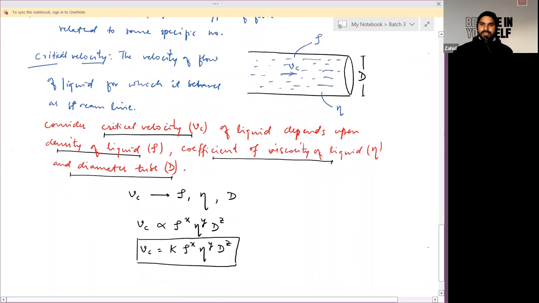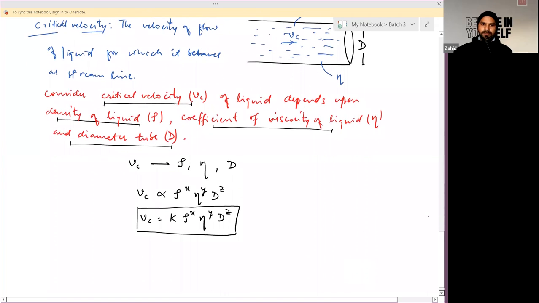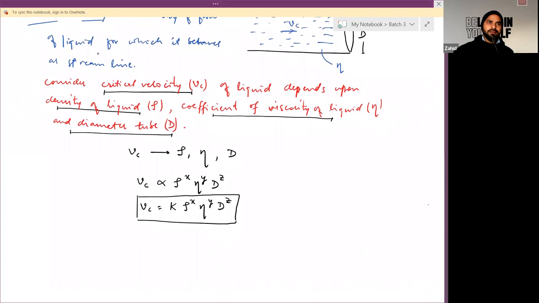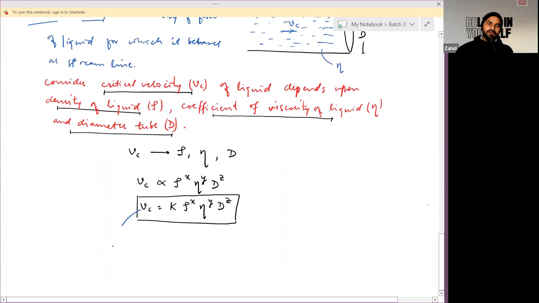So we can write dimension on either side of this particular equation. Dimension formula of velocity will be M^0 L T^-1. k being a proportionality constant will be a dimensionless term, so just neglect it.